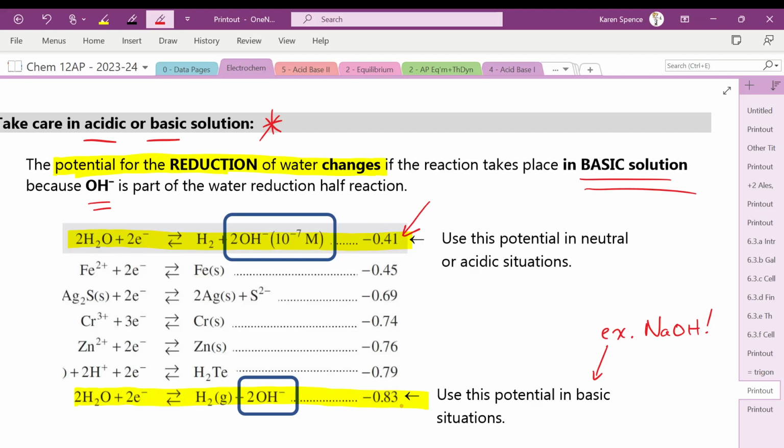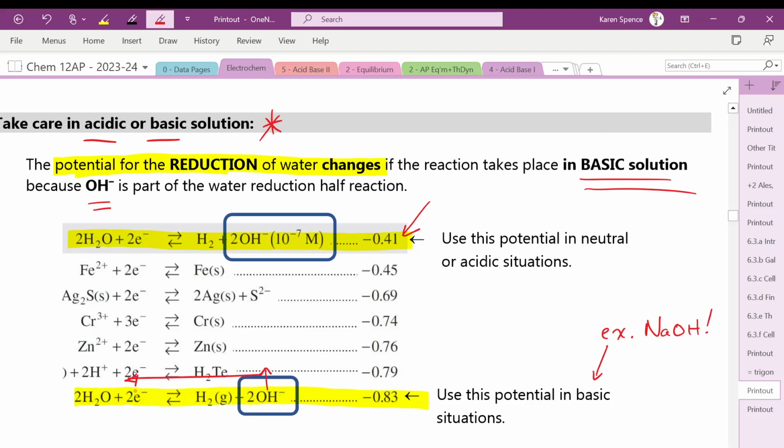You can sort of think of it in the same way as we were thinking about non-standard conditions last day. If we increase the concentration, now remember, don't use Le Chatelier when explaining on the AP exam in the written response, but you can feel free to use it when you're just thinking about what's happening to the voltage. If you were to increase the concentration of OH, which way would that shift, in big quotes, shift the system? Left.